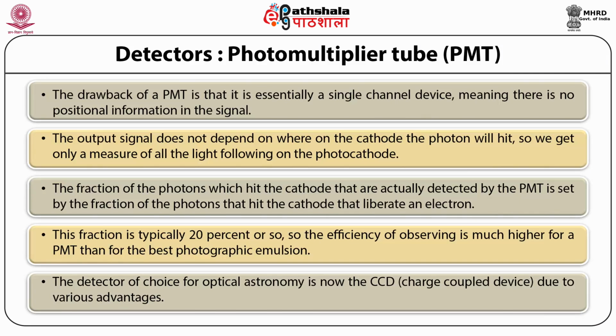The detector of choice for optical astronomy is now the CCD, charge coupled device, due to various advantages. Let's talk now about the charge coupled device. Generally, we call it the CCD.